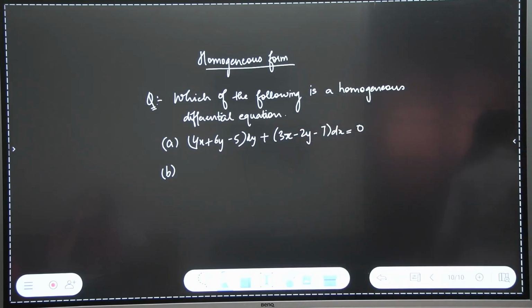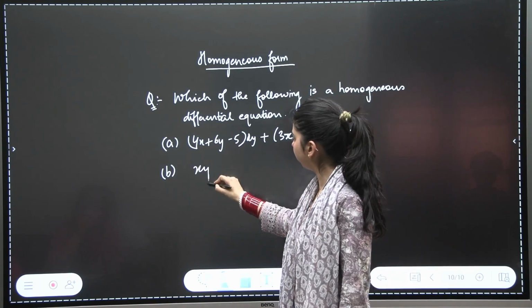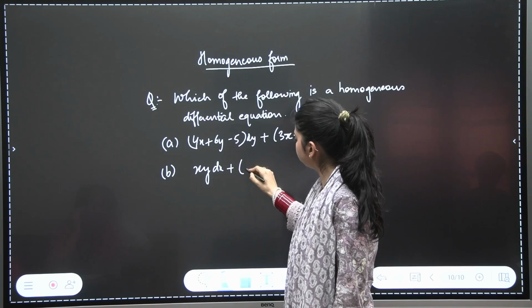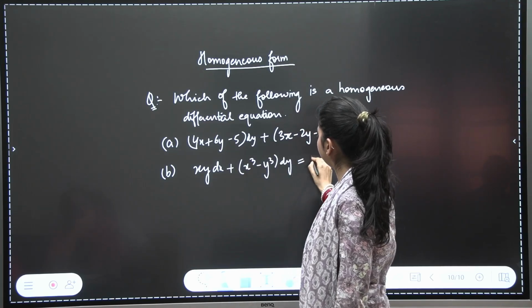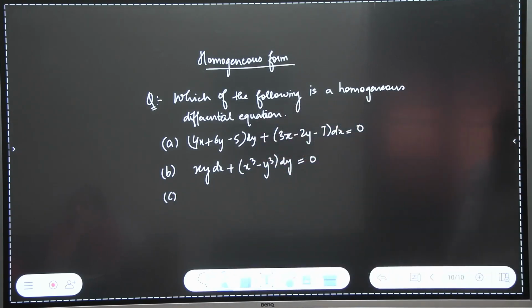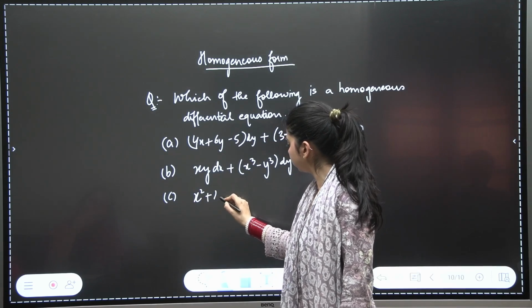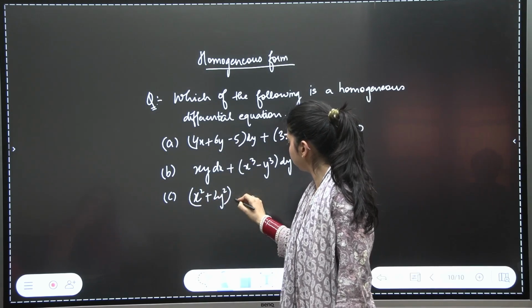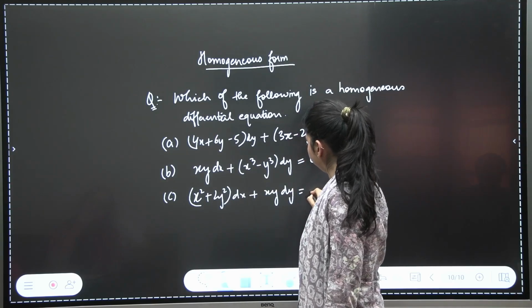The second one is xy dx plus (x cube minus y cube) dy is equal to 0. The third part is given to me as (x square plus 2y square) dx plus xy dy is equal to 0.